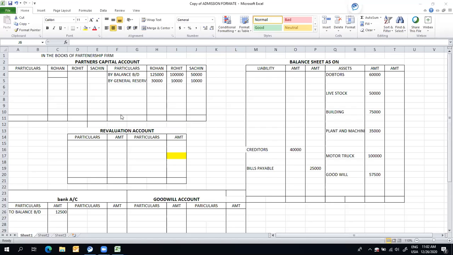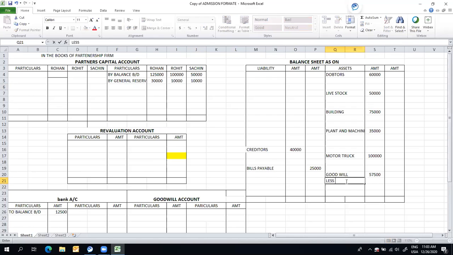See the first adjustment, goodwill was revalued at 50,000. Earlier, goodwill was 57,500. Now, after retirement of Sachin, it is revalued at 50,000. So it must have depreciated.